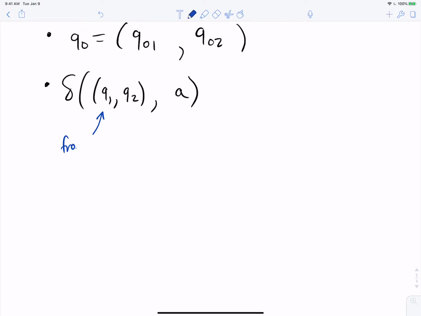Q1 is a state from the first machine M1, Q2 is a state from M2, and the symbol A is in the alphabet. It's just a character, just to remind us what it means.